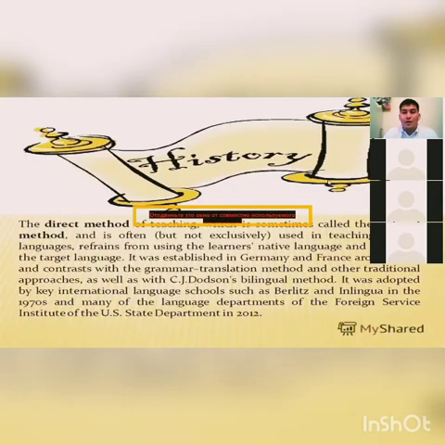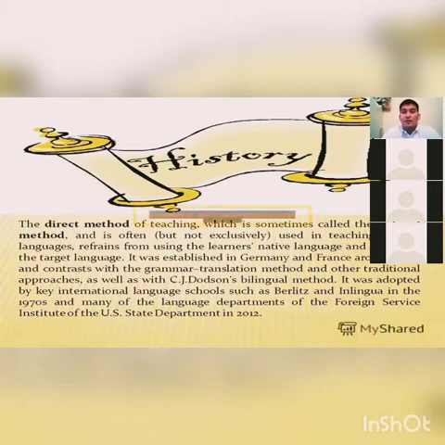So if we come to the history of direct method, it was originated in Germany and France around 1900s. And it was, as I have mentioned before, contrary, opposite to the grammar translation method and other schools, for example, Dodson's bilingual schools.